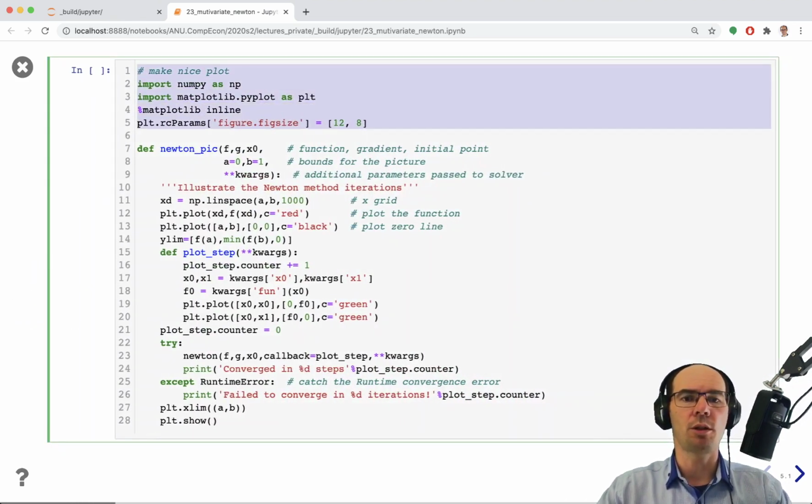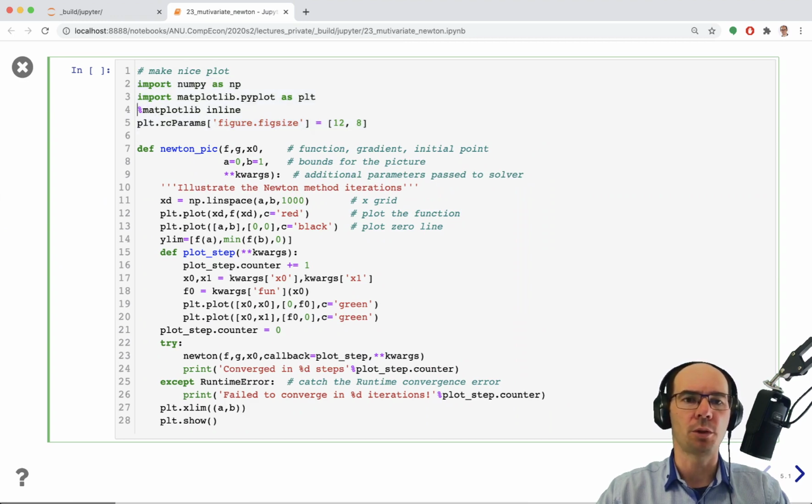Now, I would like to make nice plots as always. So the standard header for getting ready to make the plots. NumPy is of course going to be used as well. Now, we will want to look at many different cases of running the Newton method for different functions. And so I've written this function that wraps up the work that we will be repeating over and over again.